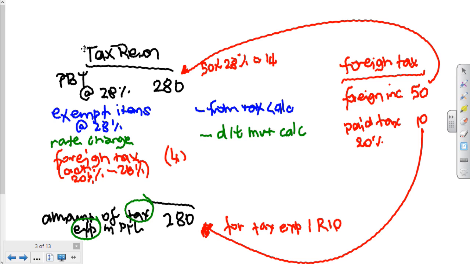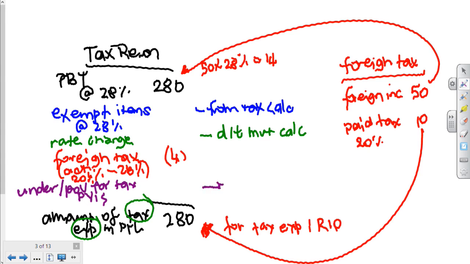All right, so then there's only one more item that comes in here, and that is any under or over provision of tax. And this is from prior years.